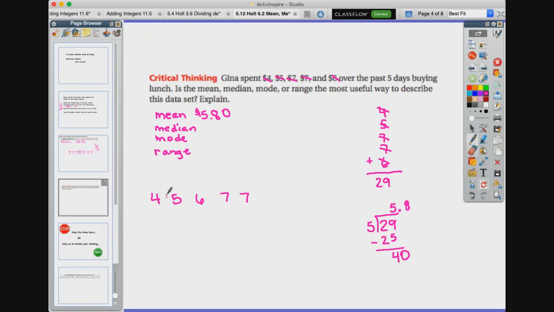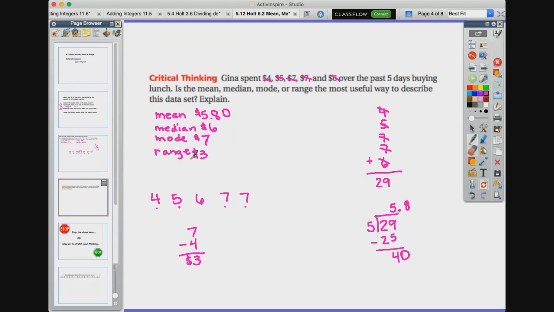Remember, since I only have 5 numbers, I can see pretty easily that $6 is going to be my middle number. Okay. The mode, what number happens the most? 7 happens the most. And the range, 7 minus 4. So 7 minus 4, and that is $3.